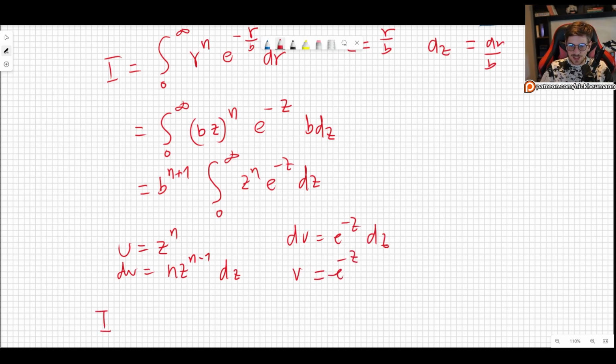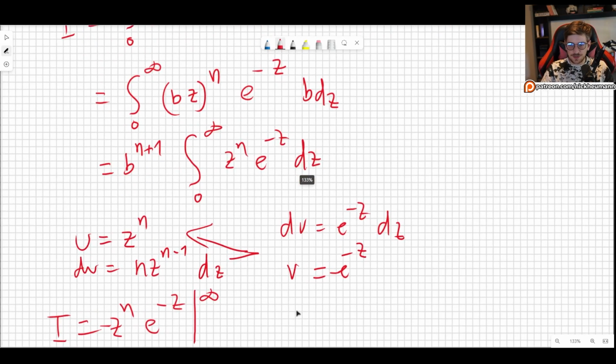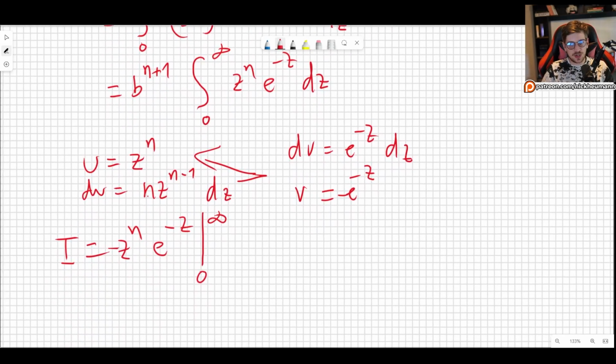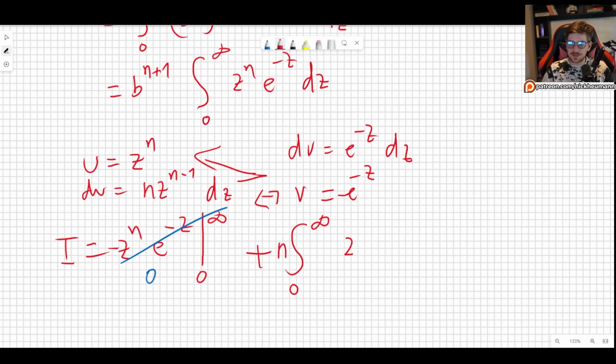So this means that the integral is going to be, right, the product of these two parts, z to the n with a minus sign, e to the minus z, evaluated between 0 and infinity. And the beauty here is that this part will be 0 at both ends. So this thing is 0. And then we have minus the integral of the product of these two. But there's another minus here, so we get plus integral from 0 to infinity of n times z to the n minus 1 e to the minus z dz.